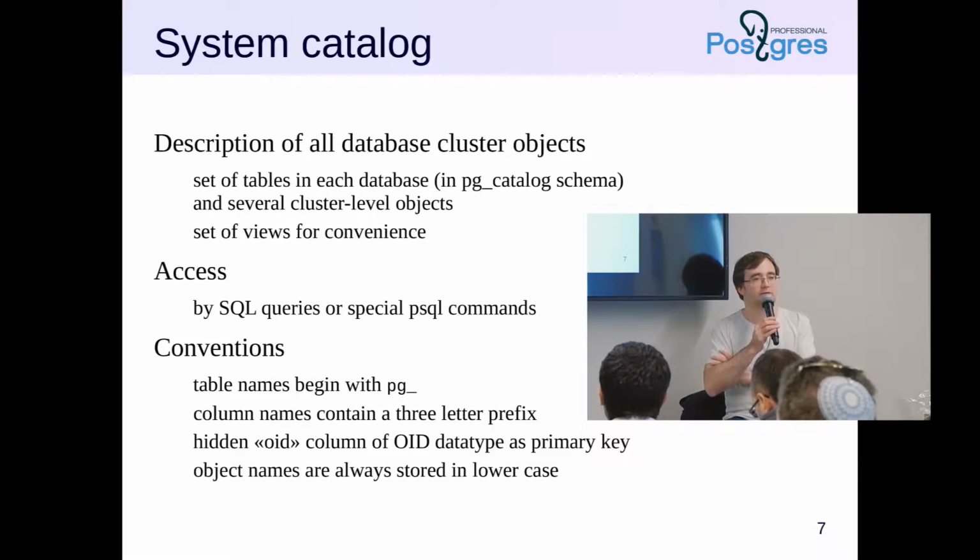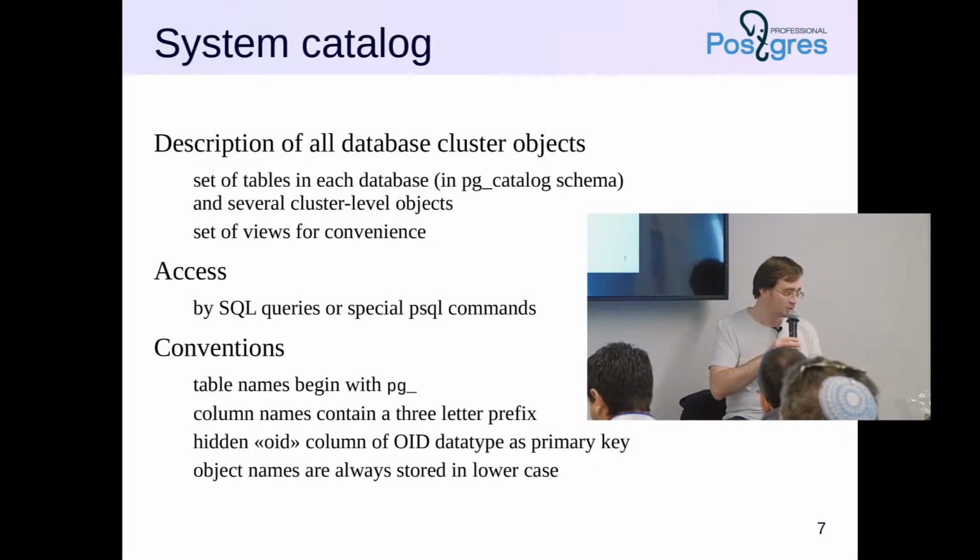For example, if you create table T, in table pg_tables, you will find it in lowercase t. Some other databases store in uppercase. But you can always use double quotes to quote any name you want, including lowercase characters, uppercase, spaces, and so on.